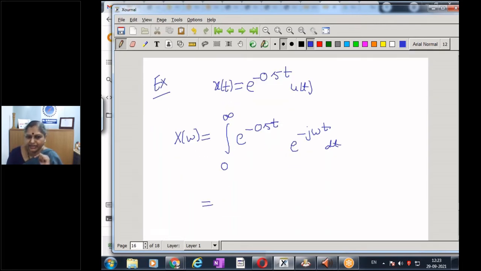I can always write this as the integral from 0 to infinity of e to the power of minus (j omega plus 0.5) t dt.